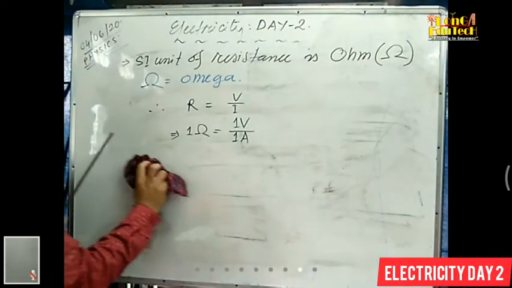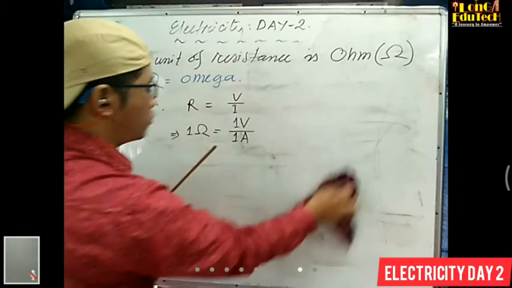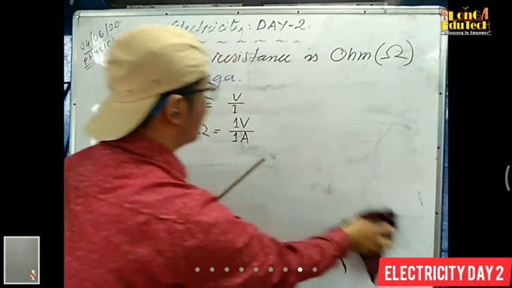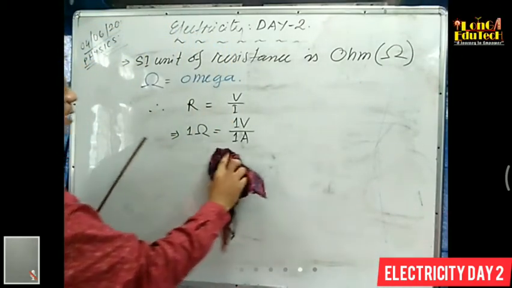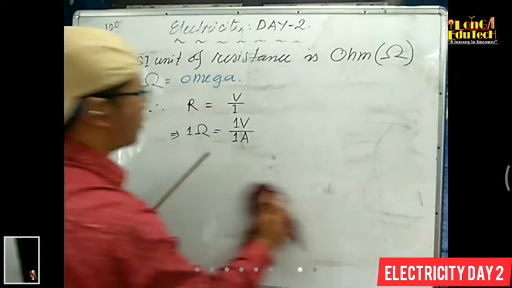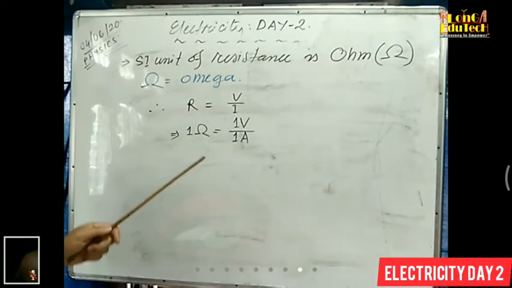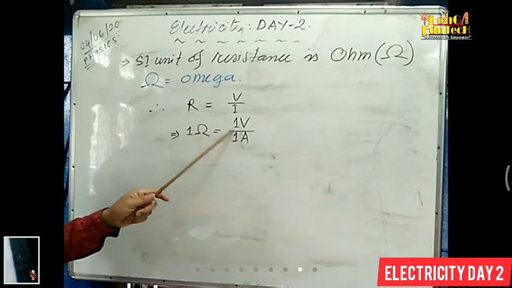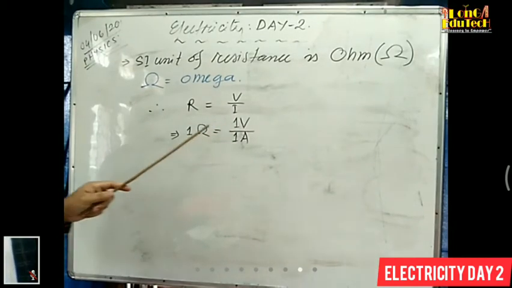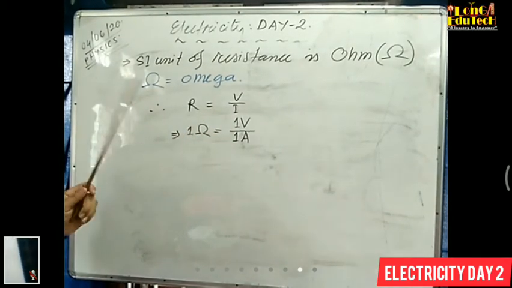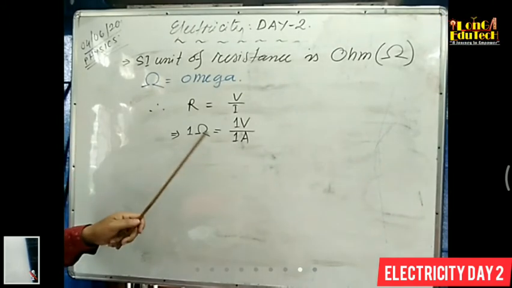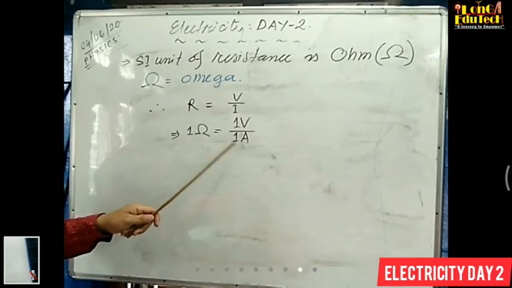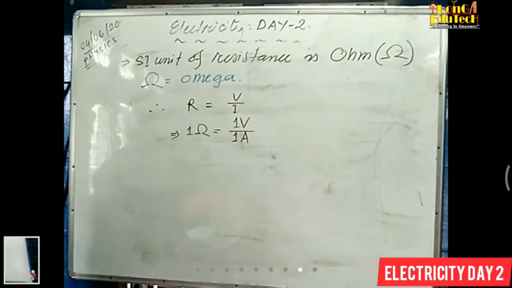Here, 1 ohm resistance may be defined as, okay, it may be defined as 1 volt of potential difference in the conductor when 1 ampere of current flows.